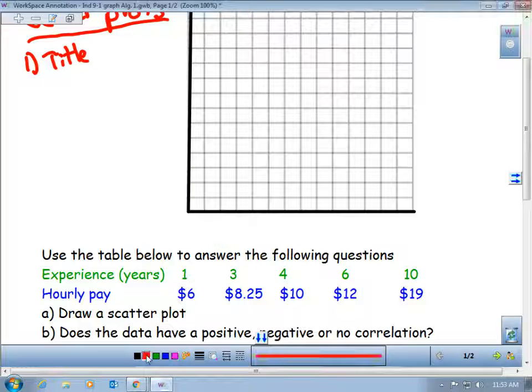And then the second thing you need to have is you need to make sure you put labels on here on what we're talking about. And specifically, make sure you label both of your axes, your vertical and your horizontal axes here. Now I'm going to tell you, whenever there's money, what we usually do is put that on the horizontal axis. So I'm going to do the same thing here. And I'm going to call this dollars per hour.